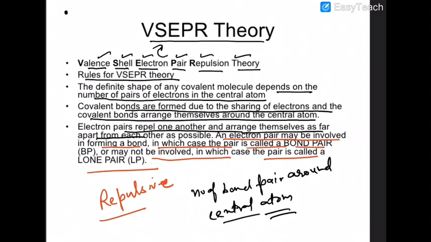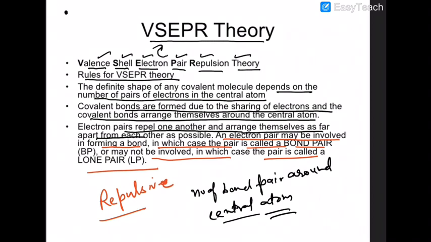The electron pair present in between the two nuclei is called a bond pair. But if the electron pair does not participate in bonding and is present either on the central atom or on the attached atom, it is called a lone pair. So now we are going to understand bond pair and lone pair.